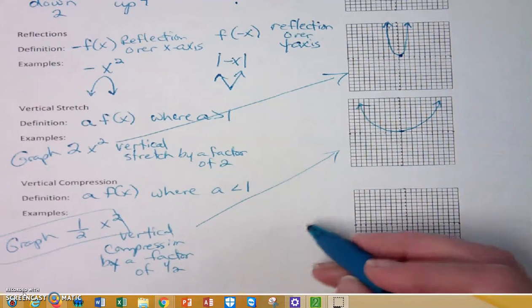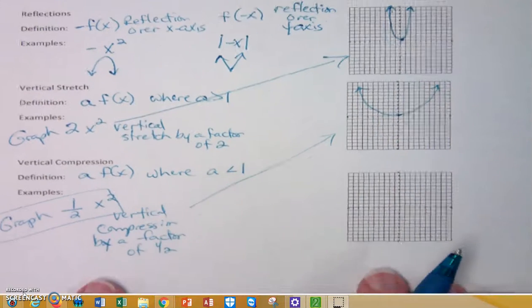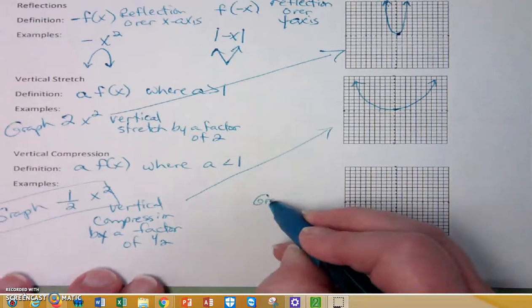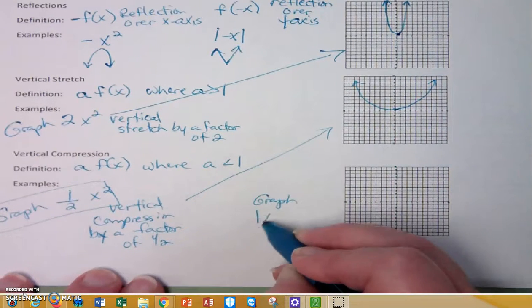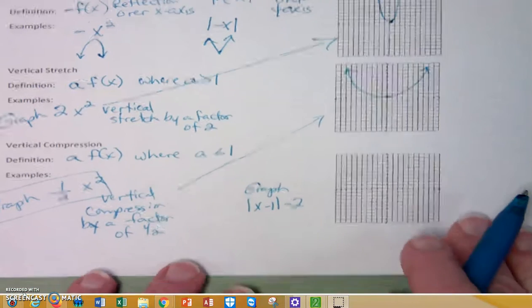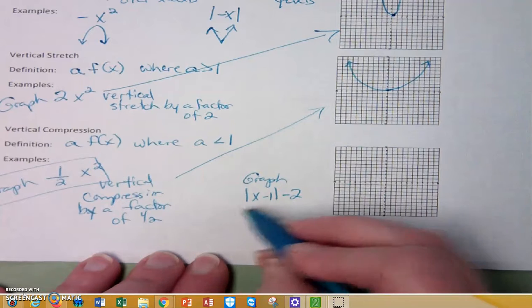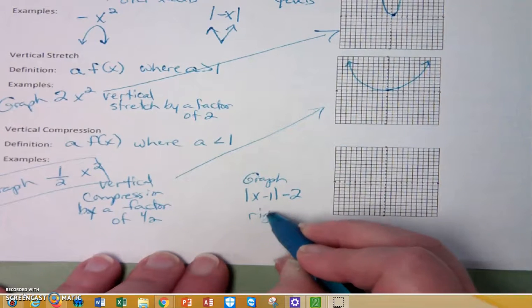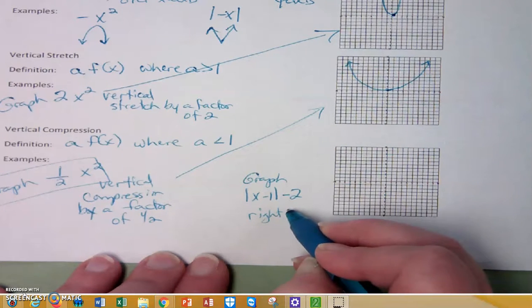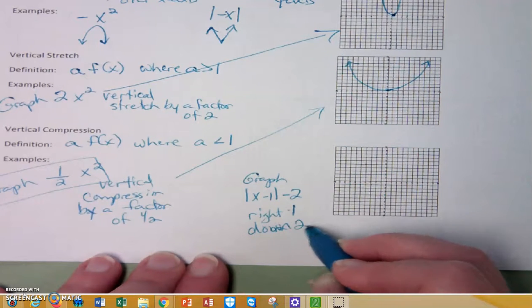So let's do another graph where we use a couple of these things. If we have the absolute value of x minus 1 minus 2, what is that going to do to my absolute value graph of the V? It's going to go right 1, and then down 2.